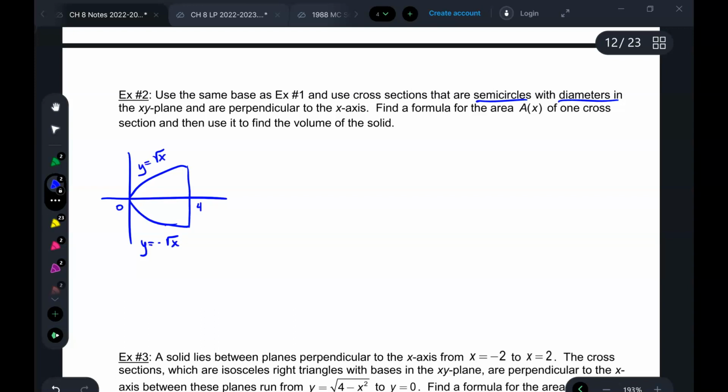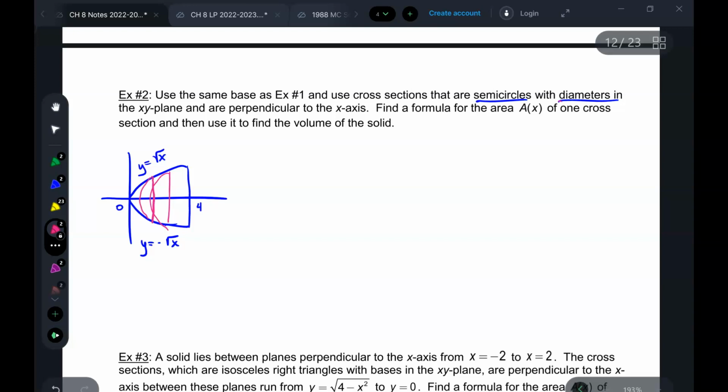But this time, if you can imagine, and again, it's kind of hard to draw here. Here's your cross section, and then imagine there's like semicircles coming. Like this is flat, and the semicircles are coming out of the board. Picture that? Okay.